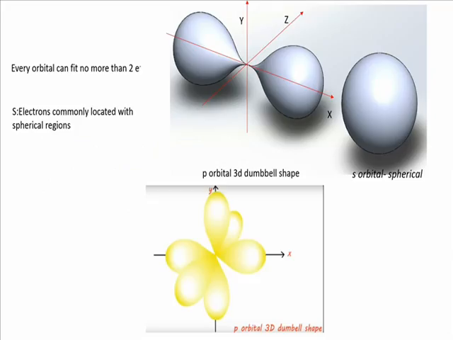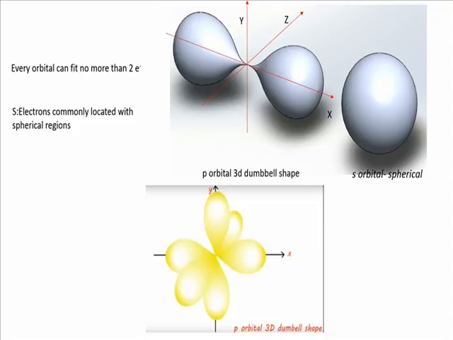How these orbitals look in 3D space is shown here. In the S orbital we have a maximum of two electrons circulating in this space, commonly located within spherical regions. The P orbital is similar to a dumbbell shape as shown here.